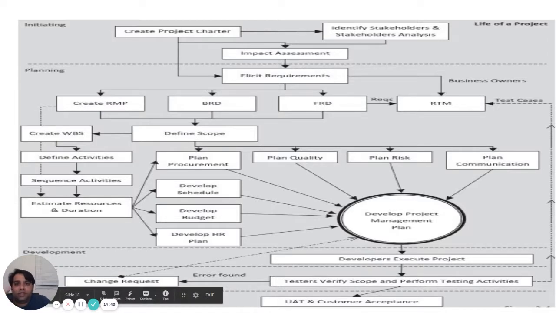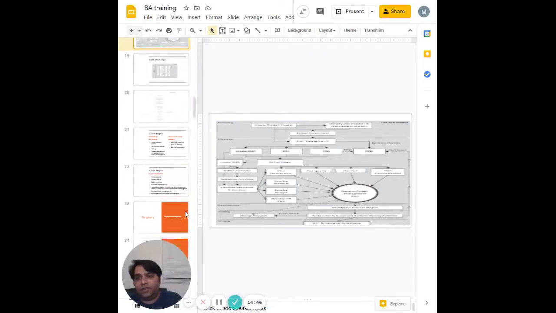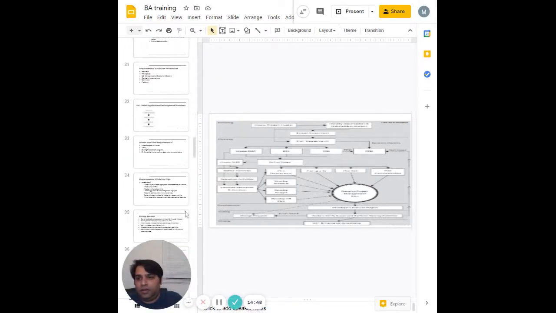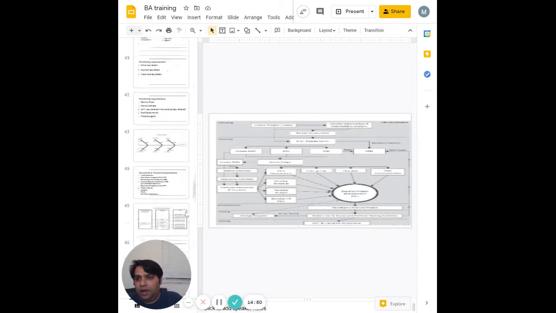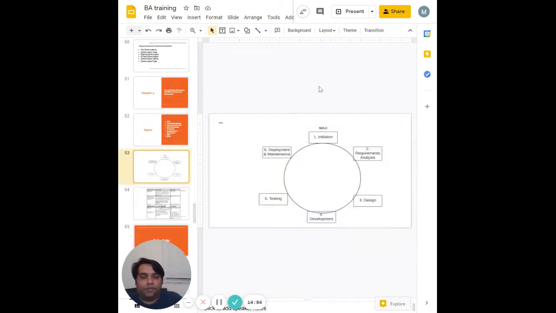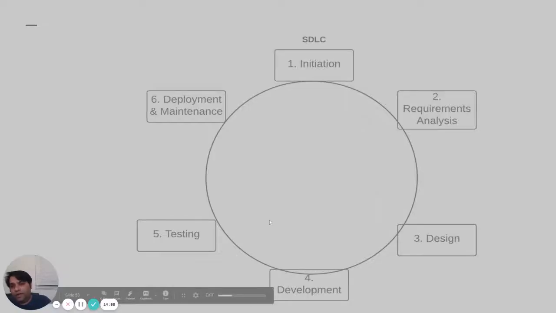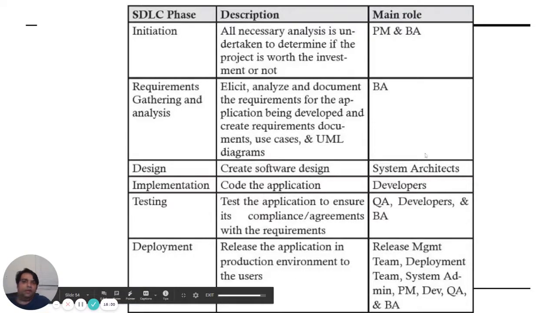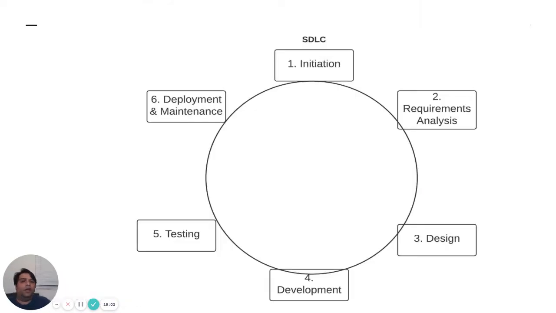So this is the entire cycle associated with it, and we can cross reference this as well. I thought that I would find it and show you. So there is a cross reference associated with this, so you can refer to that as well.